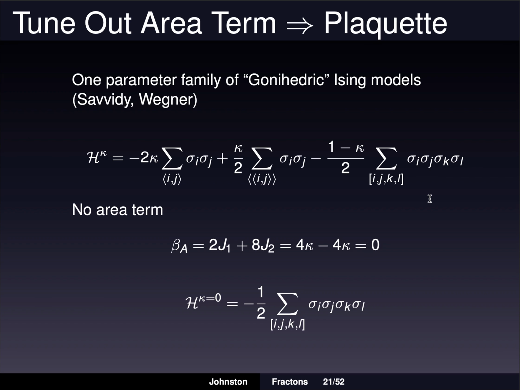So if I've got a surface model where I weight only the edges of the surfaces that are embedded in a cubic lattice, I can represent that by this plaquette spin Hamiltonian. And that was how it was originally discovered, or how it originally became of interest, as a potential model for random surfaces on a cubic lattice.